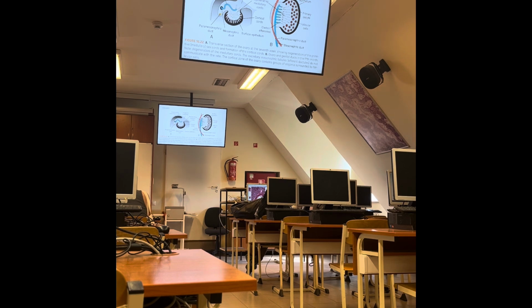You can see that the cortical cords remain and the medullary cords degenerate, and then these cortical cords, the epithelium of the cortical cords, will develop into the follicular cells of the primordial follicle. So these will be flat epithelial cells until puberty again.